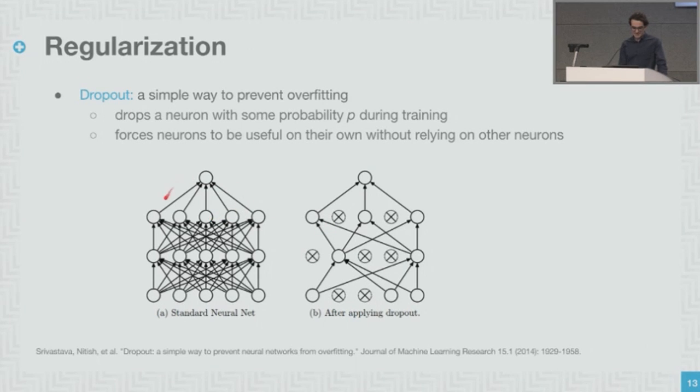Here we have a figure that shows how the standard neural network would have looked and how it looks after applying dropout during training. Using dropout also forces neurons to be useful on their own without relying on other neurons, learning more efficient neurons, basically.